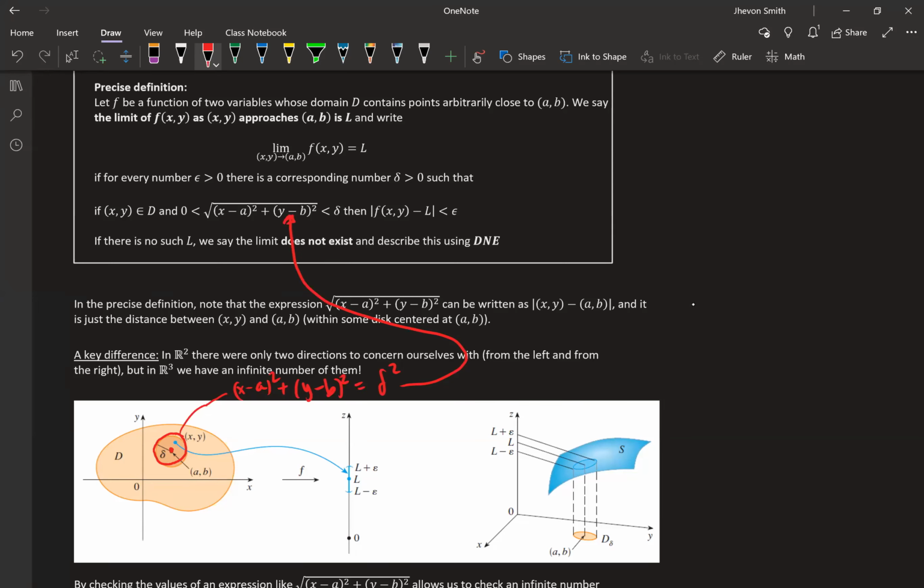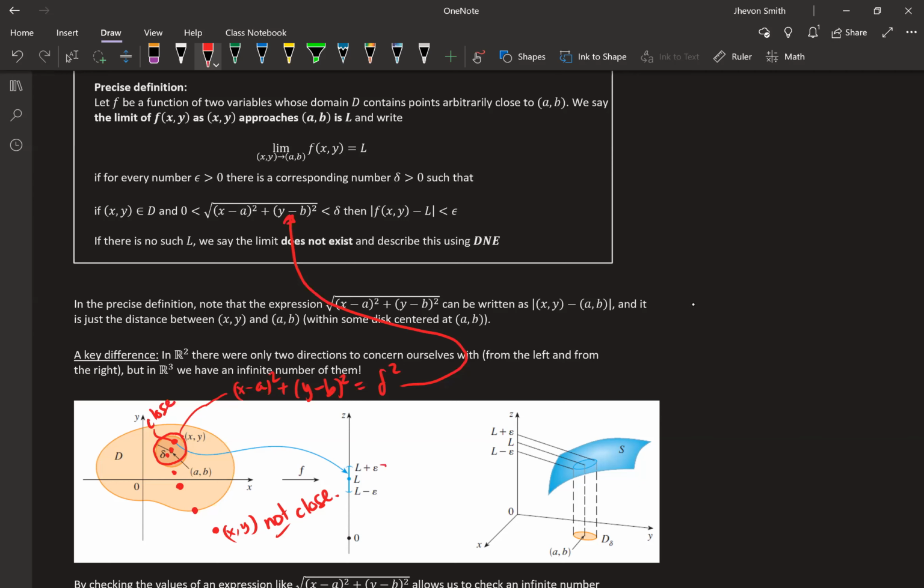So the square root of x minus a squared plus y minus b squared less than delta comes from imagining that there's a disk around this coordinate. And we consider it close once our coordinates are within it. So here x comma y is not close, whereas this x comma y is close. So close is defined by whether or not you're within this circle. And once your coordinates get within that circle, we're saying that the output gets very close to L.